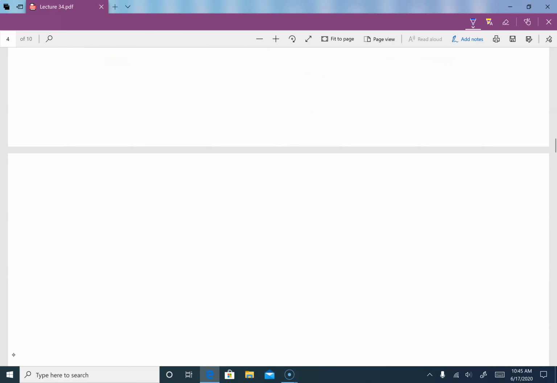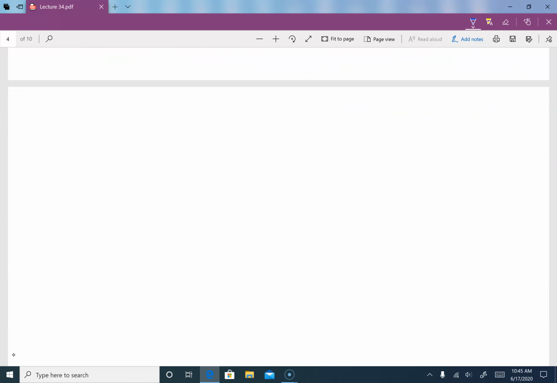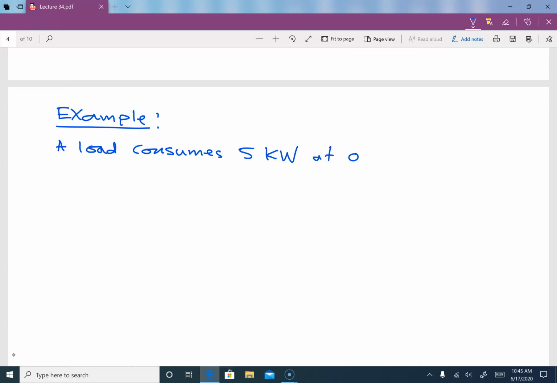So let us take an example here to show the application of these equations. We do have a load, and this load consumes 5 kilowatts at 0.8 power factor lagging.